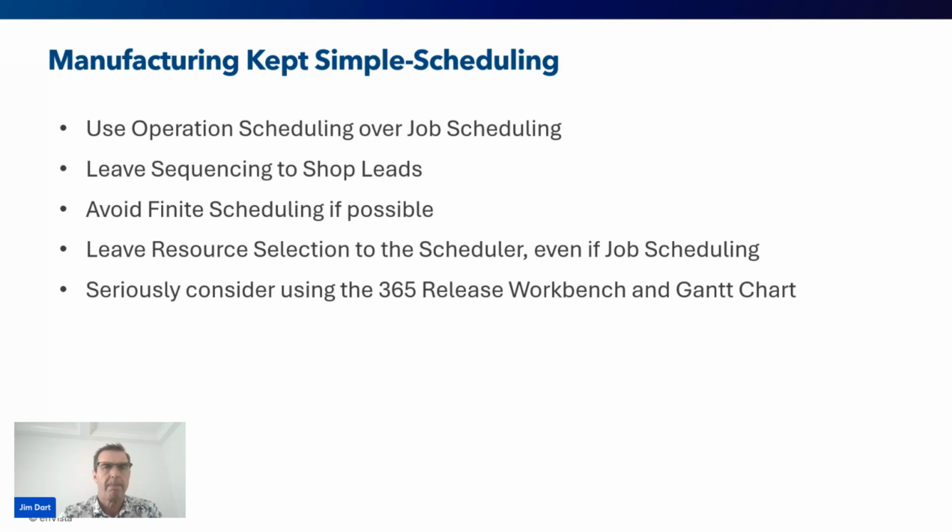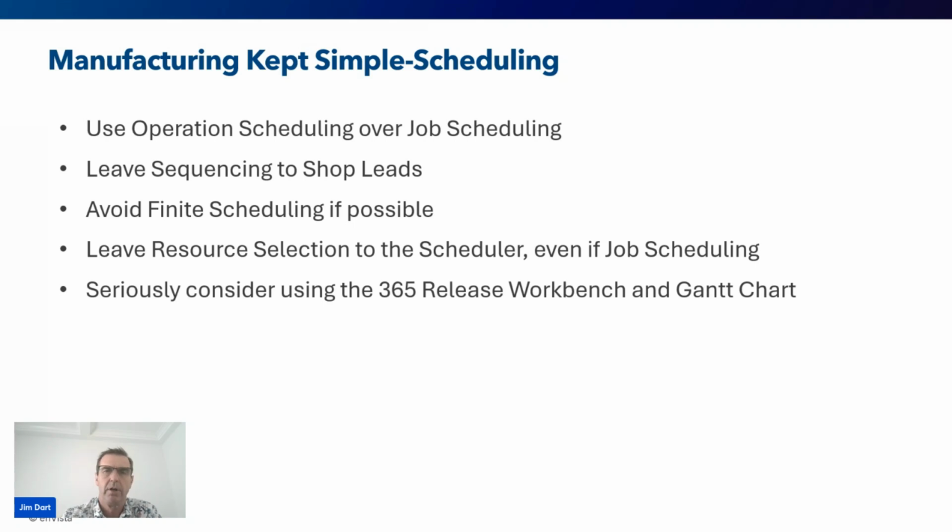Scheduling. There are actually two types of scheduling available within D365 supply chain management. One is referred to as operations scheduling. Operations scheduling effectively schedules by day and by production order, whereas job scheduling schedules all the individual jobs on a particular production order or batch order.